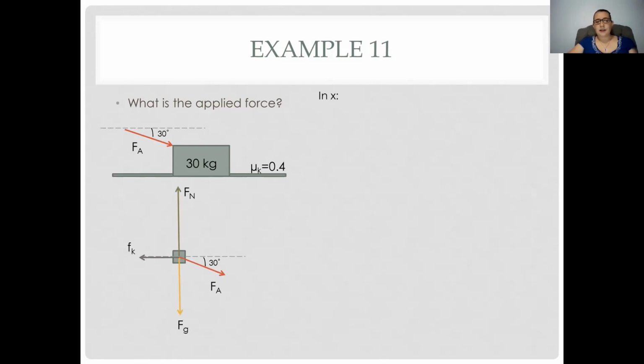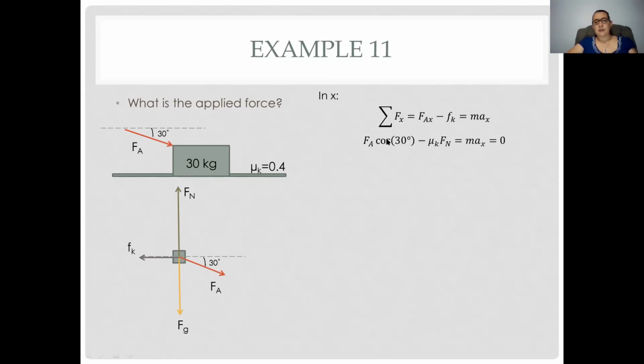So looking at our x direction, because that's really where the acceleration is going to be happening, the sum of our forces in the x direction is that x component of the applied force minus the force of kinetic friction, and that equals mass times acceleration in the x direction. Since our x component is the side of the triangle that's adjacent to the angle, we'll use the cosine.